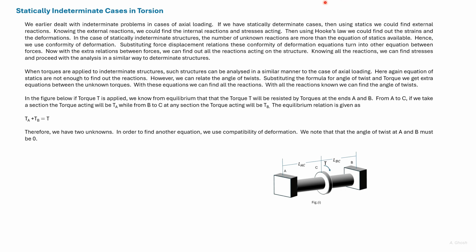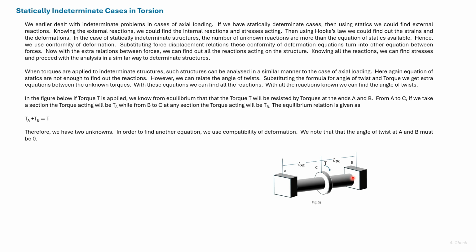Here A and B are fixed, so the rotation at A and B is 0. If we move from A to C, then the bar is twisting and we can get phi AC. If we move from B, again the bar would be twisting and we can get phi BC.